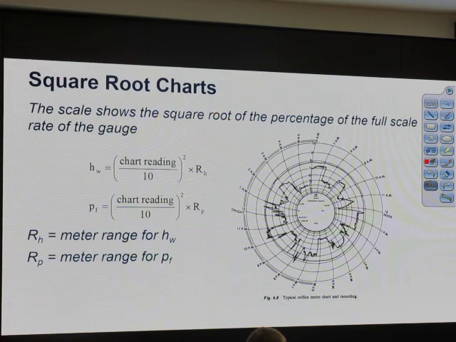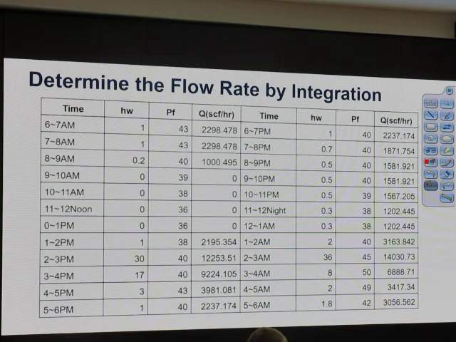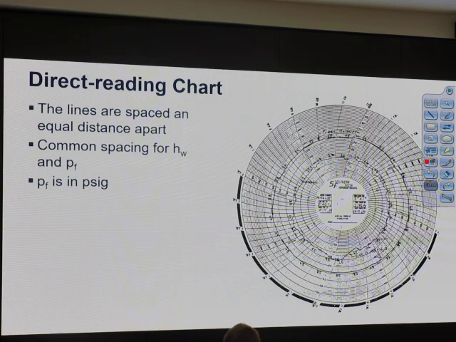Mr. Bulat, can you comment on how they did this integration in the old days? Did they do it manually, with 10 people, or how many people were required? In the old days, go back to the chart for a second. You had to read off at any given point what the HW was and the static line pressure, and calculate a volume for that time period.